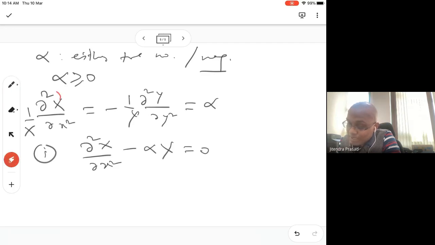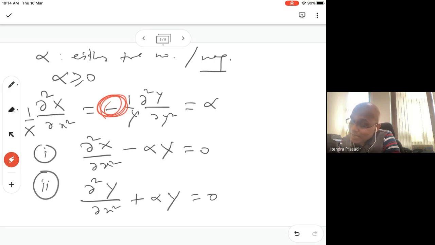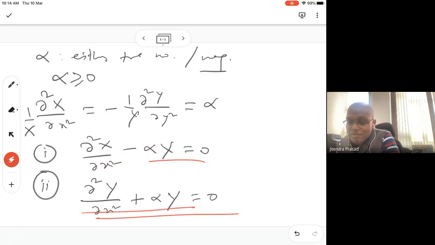If you move the terms, X goes here and then it comes back here. And number two equation is del square Y over del y square plus alpha Y equal to 0. You see, because of the minus we get plus here. Both of them will have different equations.